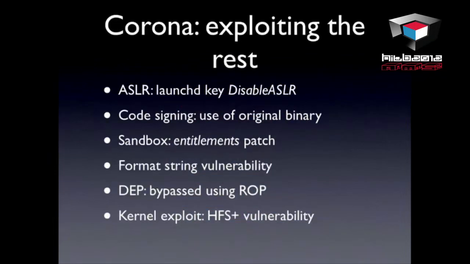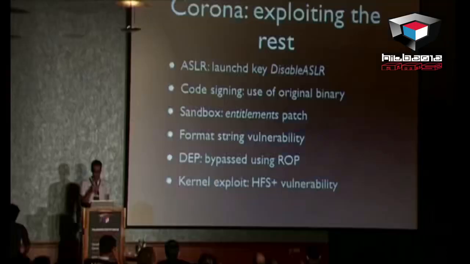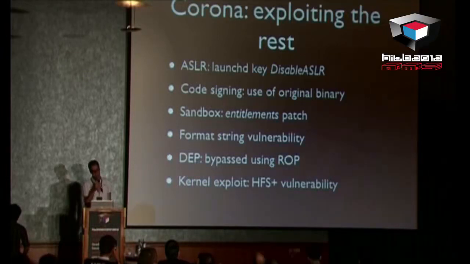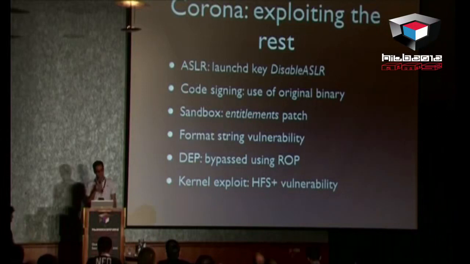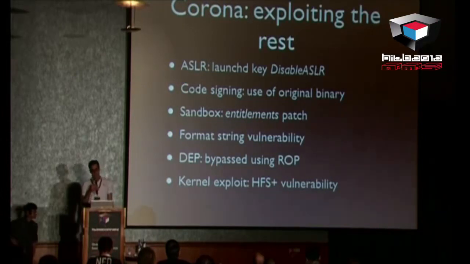For Corona, the first thing is we disable the address space layout randomization by just setting a specific launchd key so that on startup we have this feature disabled. Code signing in this case is used by just running the original binary, which has of course a valid signature.